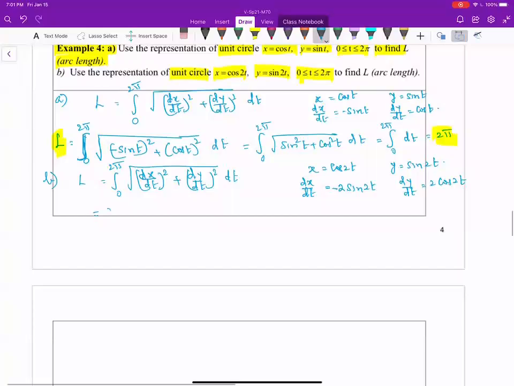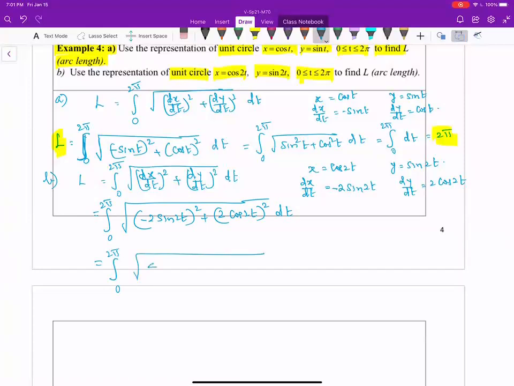If you substitute that in this integral, it's the integral 0 to 2 pi, square root of (negative 2 sine of 2t) the whole square plus dy by dt, which is (2 cosine of 2t) the whole square, dt, which is the integral 0 to 2 pi of the square root of 4 sine square 2t plus 4 cosine square 2t, dt.